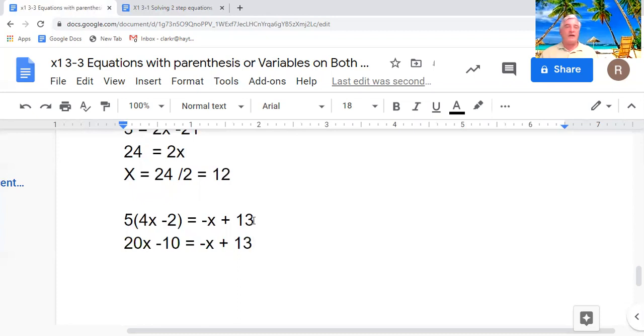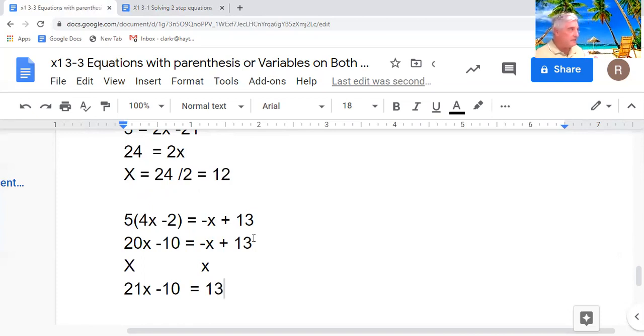Now, I asked myself, is 20 or minus 1 bigger? 20 is bigger, so I'm going to move this one to the other side. I'm going to add X down here, add X here, and what I get left is 21X minus 10 equals 13.